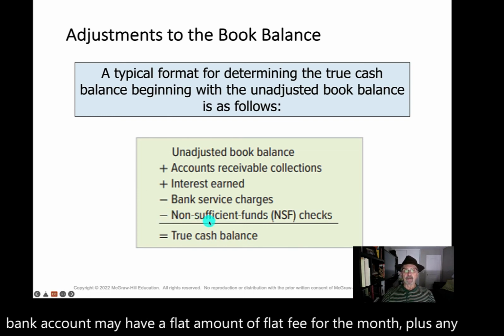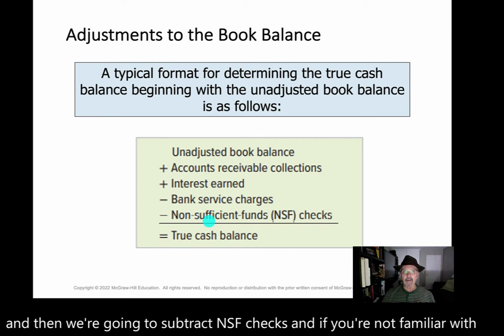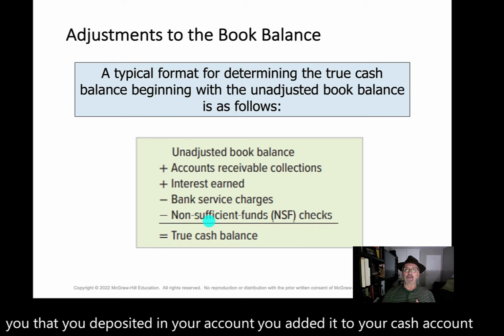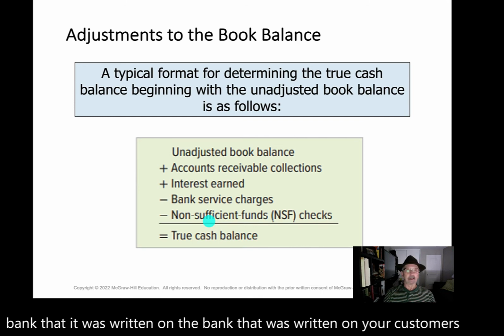And then we're going to subtract NSF checks. If you're not familiar with what non-sufficient funds means, it means a check that was written to you, that you deposited in your account and added to your cash account on the books, but then when the bank went to redeem that check with the bank that it was written on, your customer's bank said there's not enough money in the account, we can't pay this check.